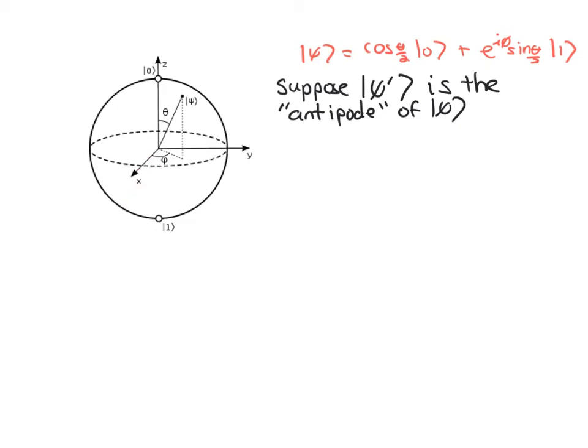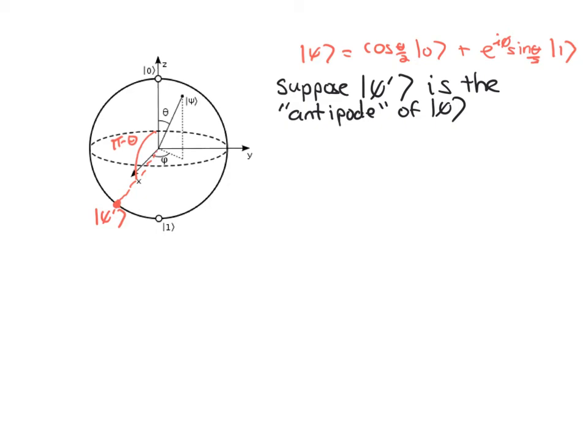Well, it's pretty easy to see, as I've tried to illustrate in this drawing, that if psi prime is diametrically opposed to psi, its colatitude is just pi minus theta. That's pretty obvious since the total angle here is pi. And then what's harder to see from the drawing, but is pretty easy to see if you think about it, is that the phi, the longitude associated with psi prime, is going to be whatever phi is plus pi radians.